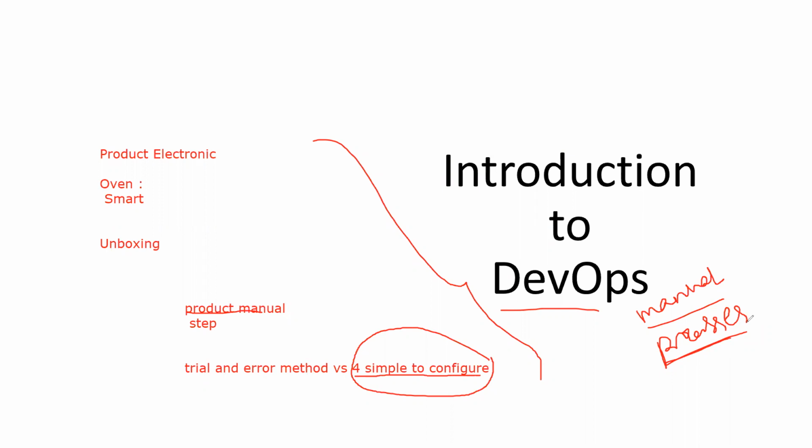Following the same logic, in DevOps engineering, DevOps is a process that will tell you the steps that you are required to take to make your deployment happen.